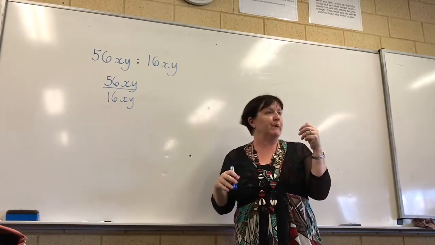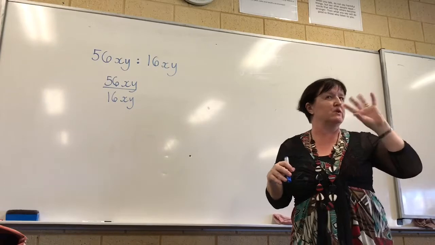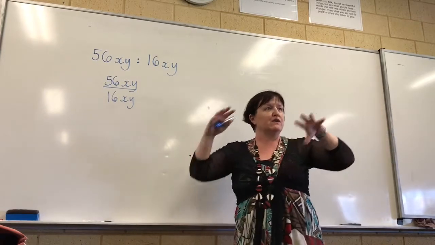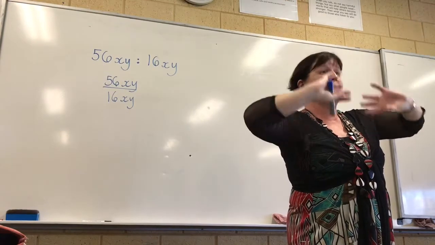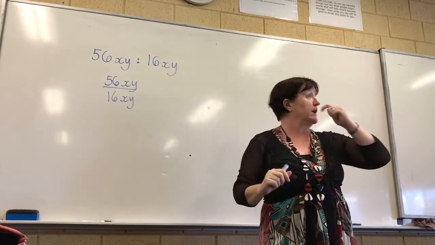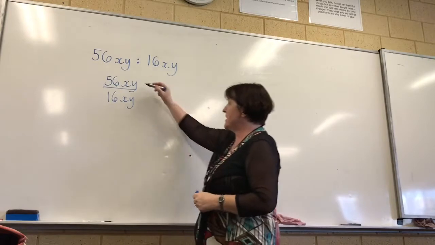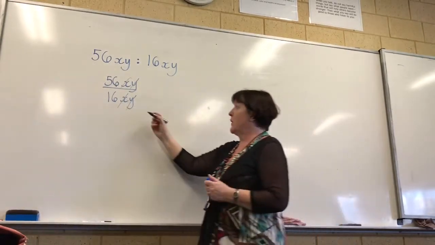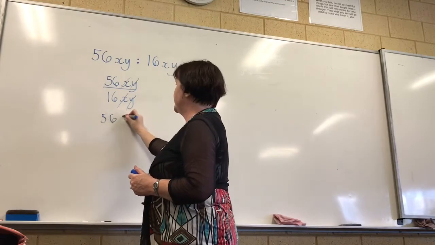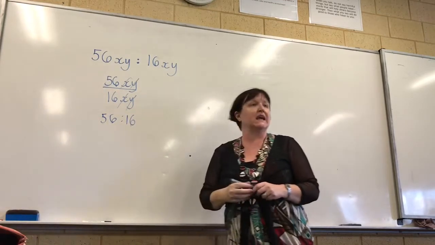So what do you remember for when we were doing division with algebraic terms? If you've got an xy at the top of the quotient and an xy at the bottom, what can you do, Lachlan? You can cancel them out, that's right. So the xy can both be cancelled out. So all we're left with now is 56 to 16.